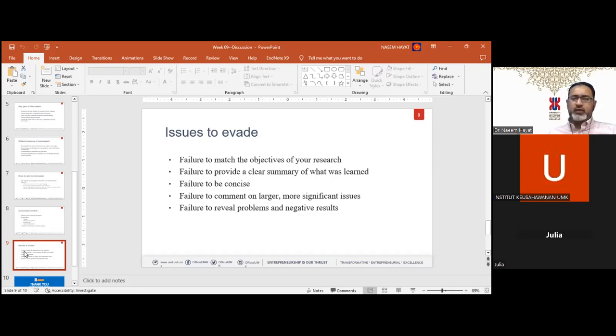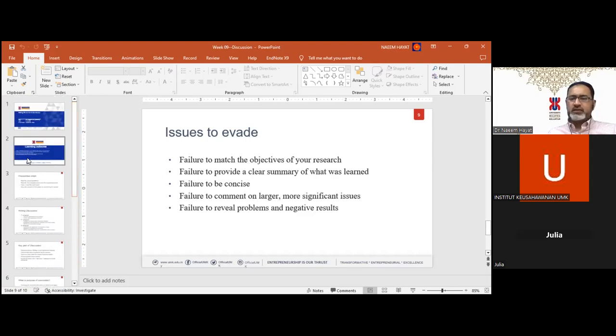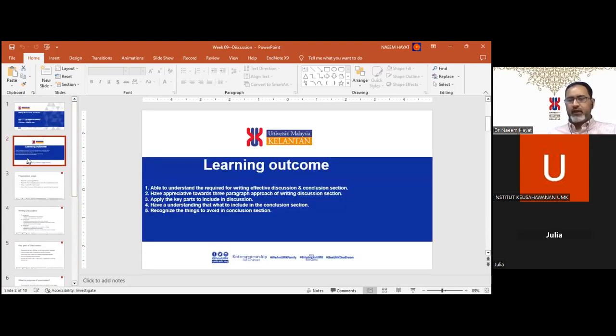Today we discussed two very important sections in our research article: discussion and conclusion. We need to keep in mind that the discussion is linked with the study findings, and these findings are reported back in detail in the discussion section.